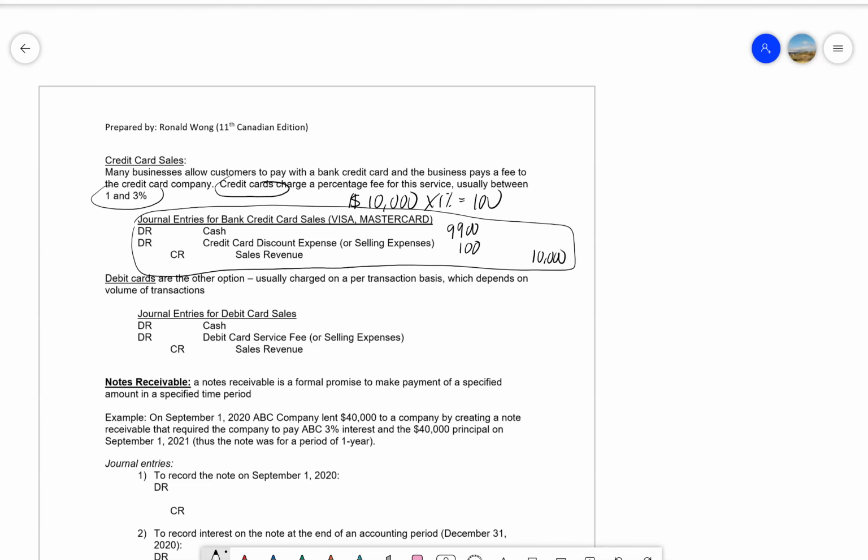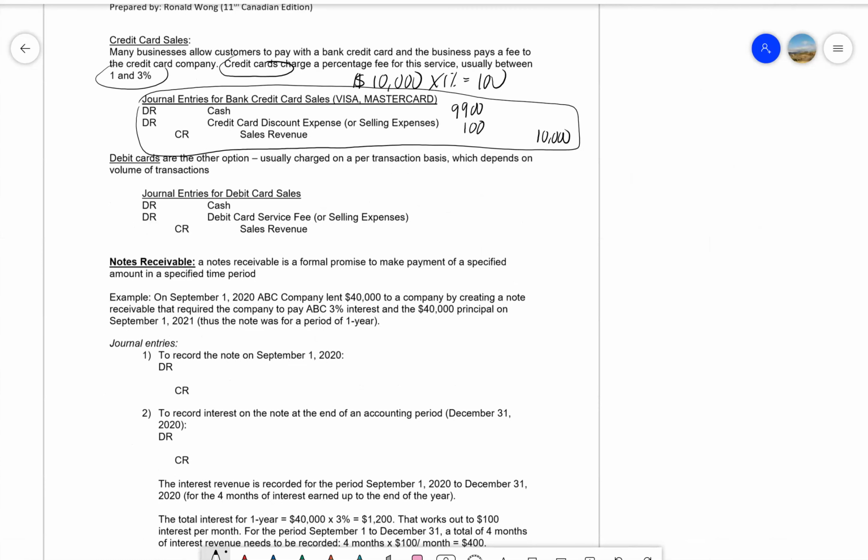Now, debit cards work the same way, but usually for debit cards, it's based on each transaction. And so once again, let's say we have $10,000 in sales revenue, but let's say that's based on 200 transactions. And let's say the bank that the debit card is being used from charges us 5 cents per transaction.